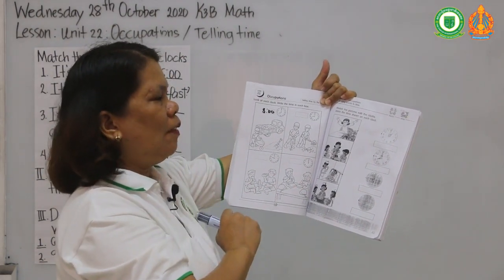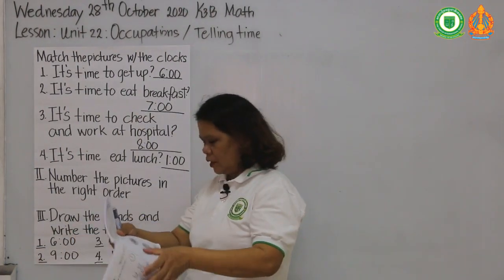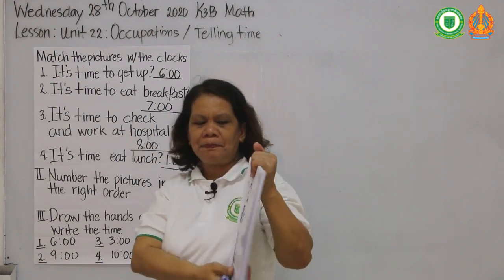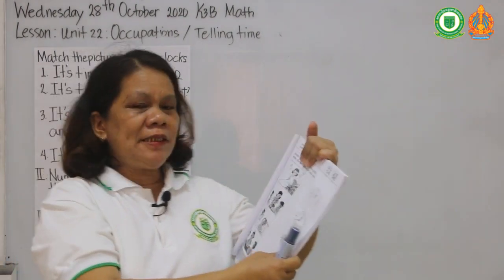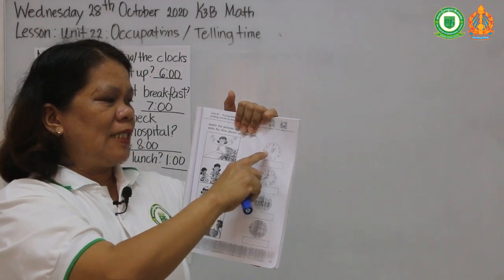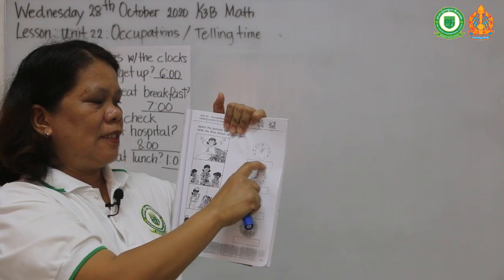Task number 2, at page 43. Match the pictures with the clock. First, you're going to write the time here. What time is it? You write here.